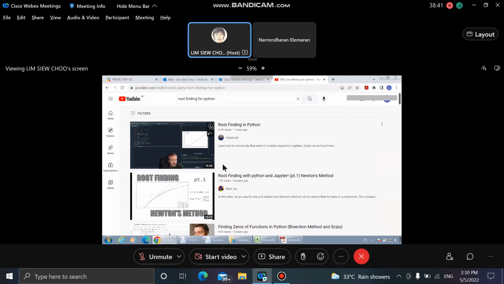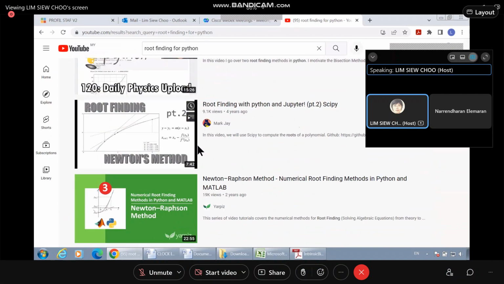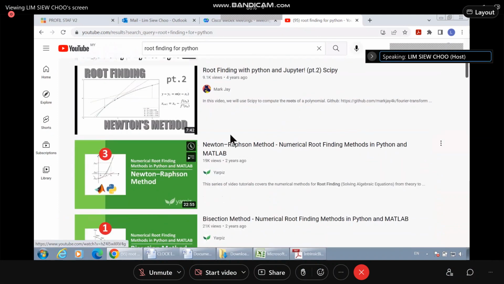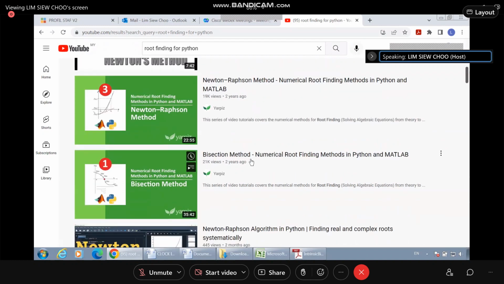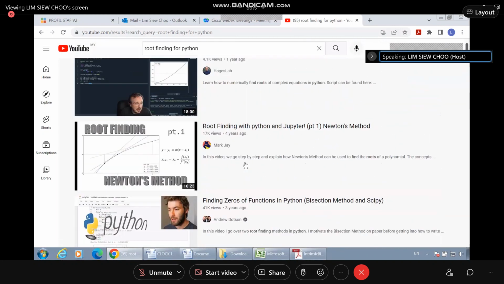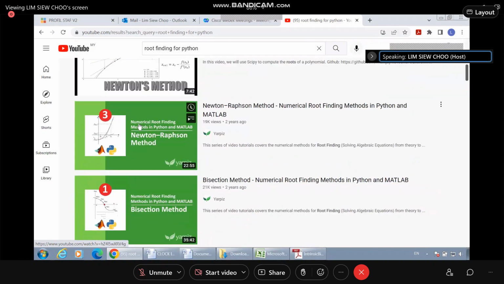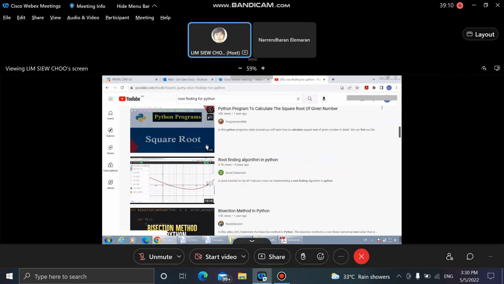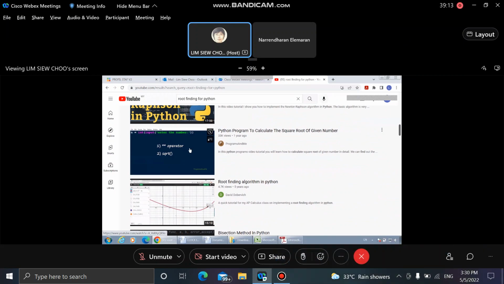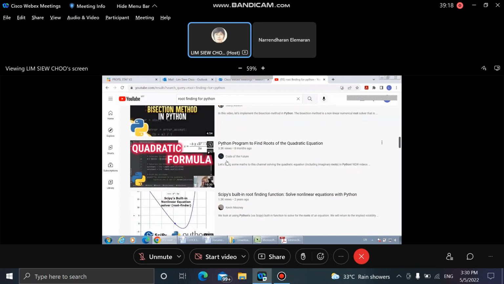So if you want to start, then you can see many of these. If you don't want to use Python, you can use MATLAB. But whichever you try to use, is Python free? Okay, so you can see my screen, maybe you can start with the root finding algorithm, bisection method.